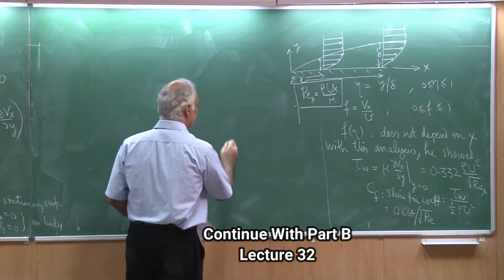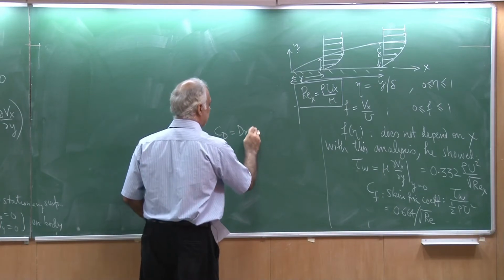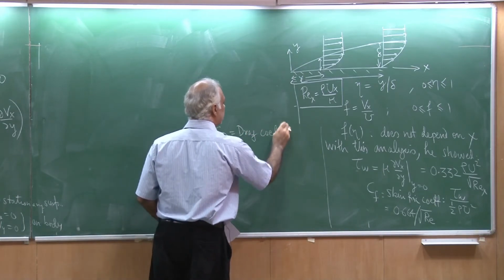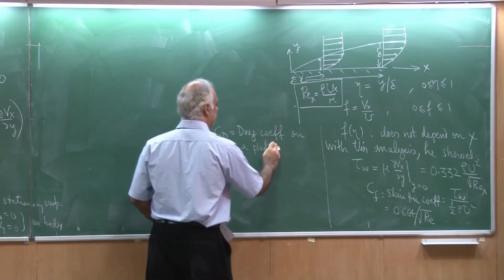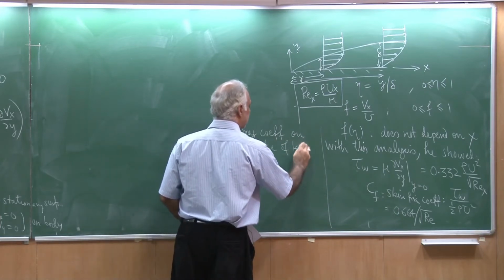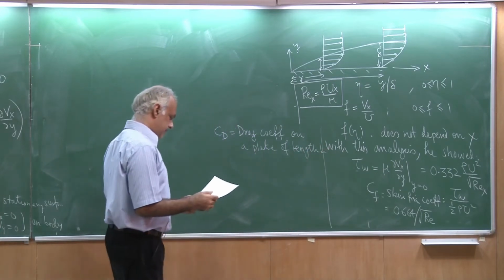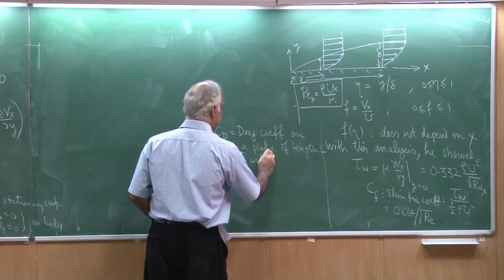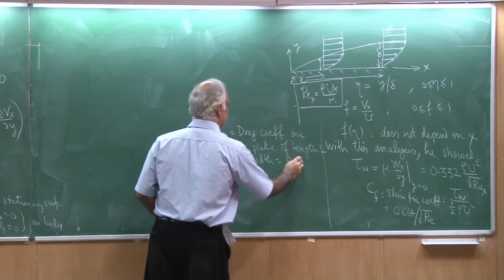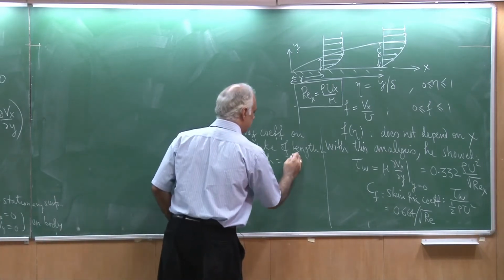So what he was able to show is that CD is the drag coefficient on a plate of length L, and suppose its width is b, small b.